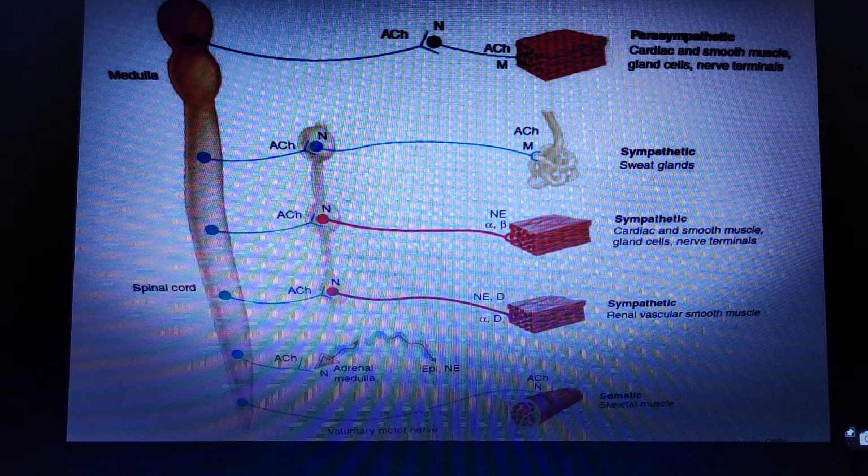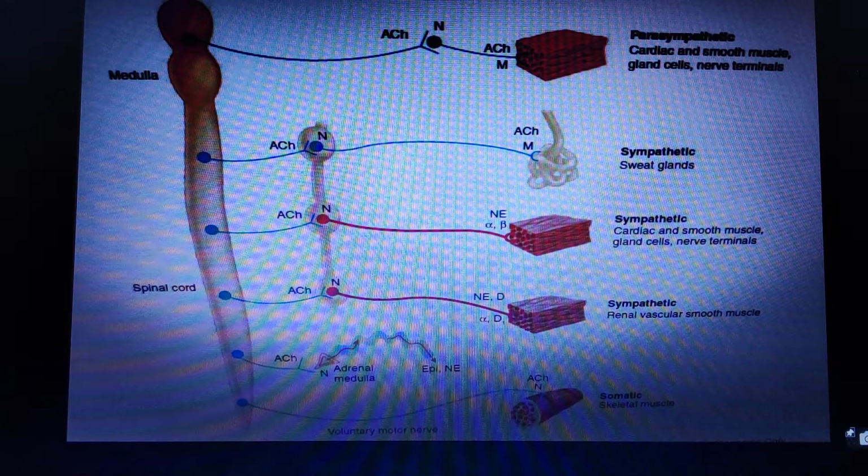Then if we see the adrenal gland or adrenal medulla, the neurotransmitter is acetylcholine. In the somatic nervous system or skeletal muscle, the neurotransmitter is acetylcholine, acting on the nicotinic receptors.